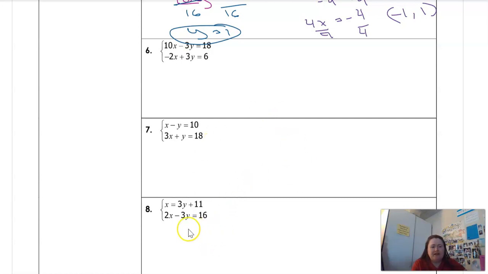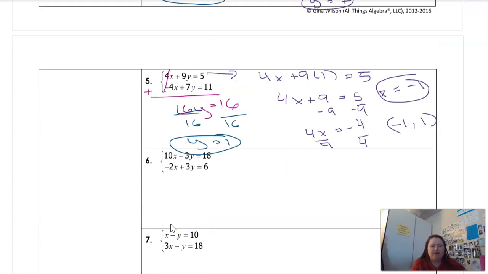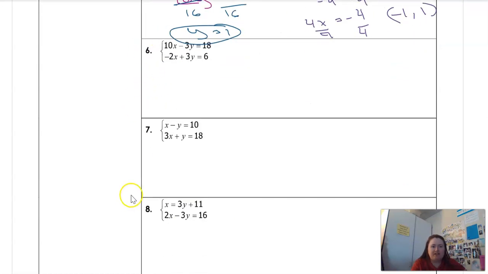That is until we get down to number 8. So what I would like for you to do right now is to try numbers 6 and 7 on your own. Hit pause first, try 6 and 7 on your own, and then hit play, and I will show the answers for 6 and 7, and then we'll go over number 8. So hit pause right now.